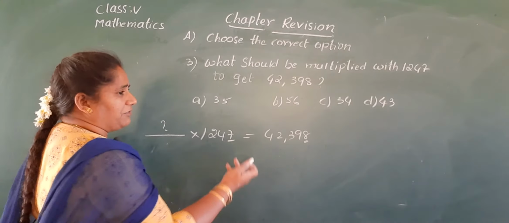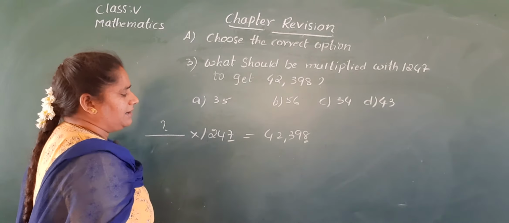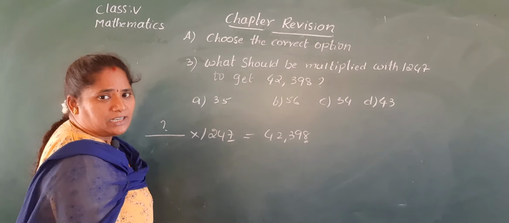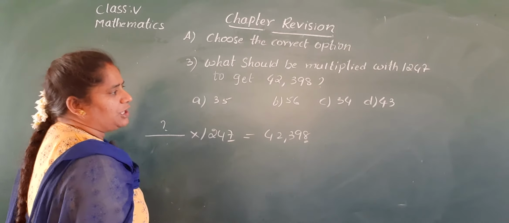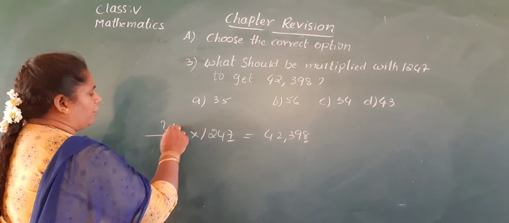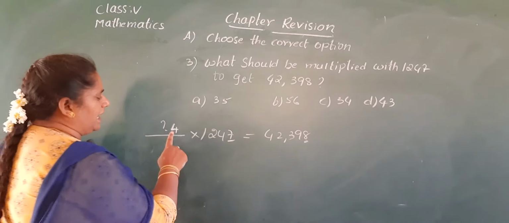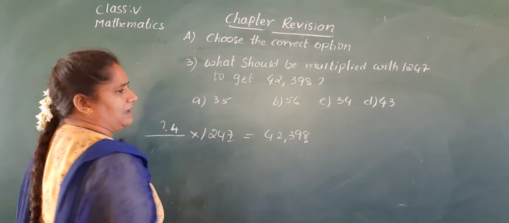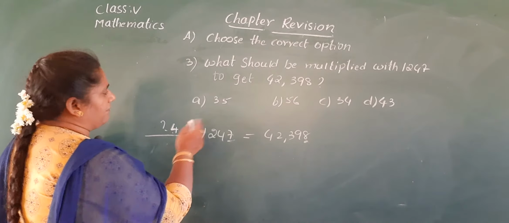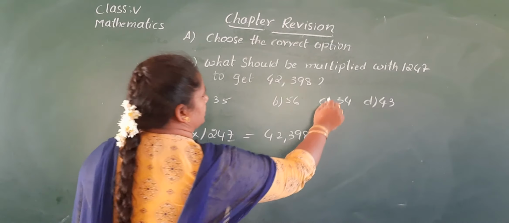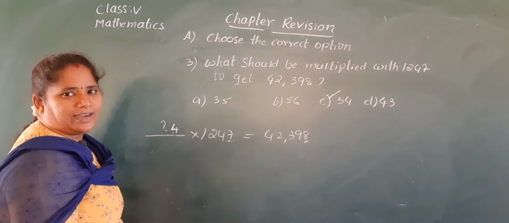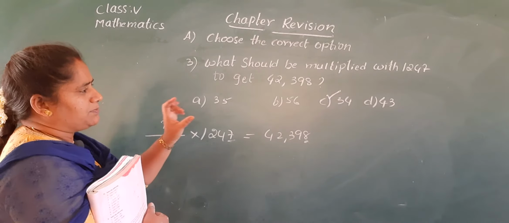So which number do you have to multiply to get 8 there? 7 1s are 7, 7 2s are 14, 7 3s are 21, 7 4s are 28. So there must be 4 in the ones place. Then only 4 7s are 28 comes, isn't it? So which number has 4 in the ones place? Yes, 34. Finish.